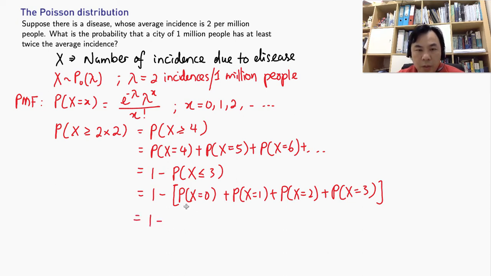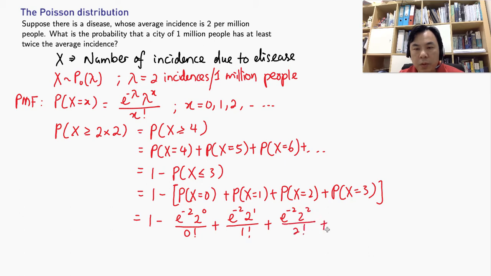Just to recap, since our lambda is 2, it will be e^(-2) times 2 to the power of 0 over 0 factorial, then 1 over 1 factorial, 2 to the power 2 over 2 factorial, and so on. And then finally, you should be able to obtain an answer.